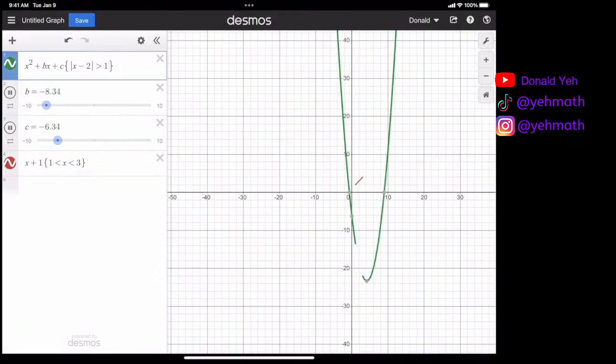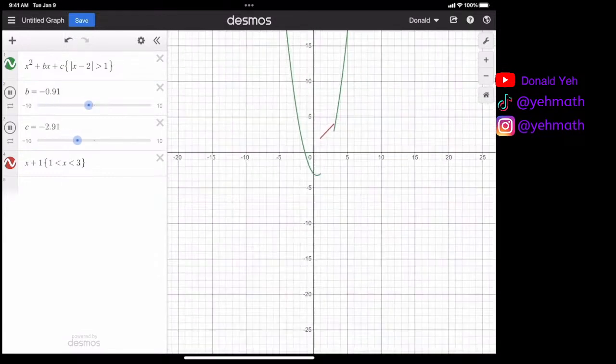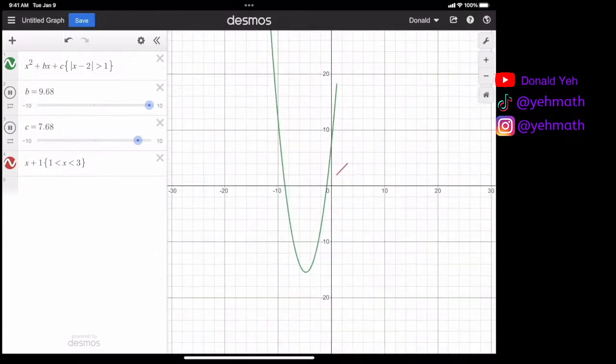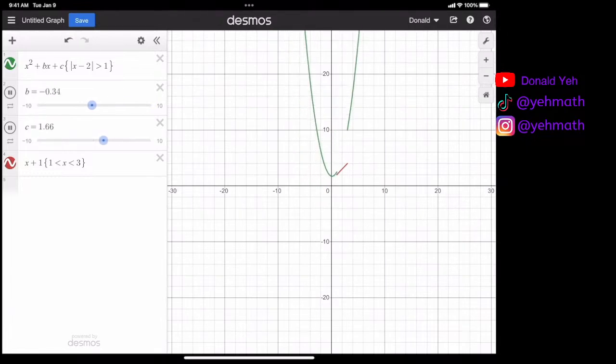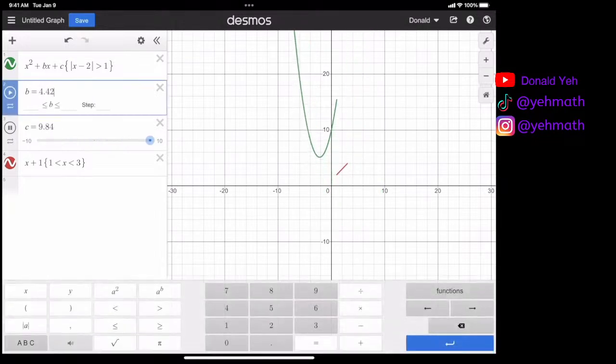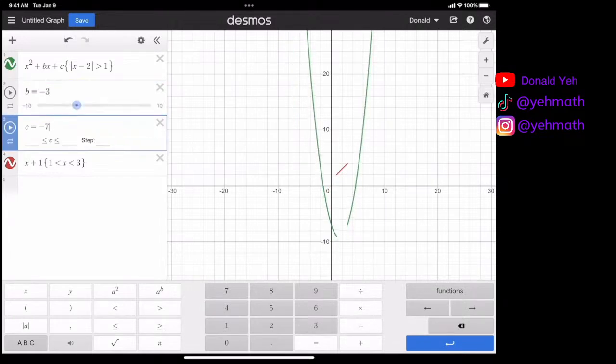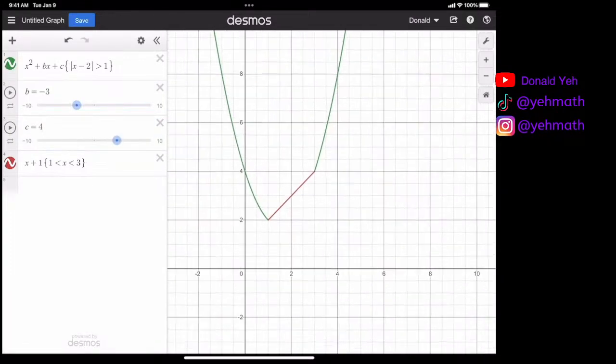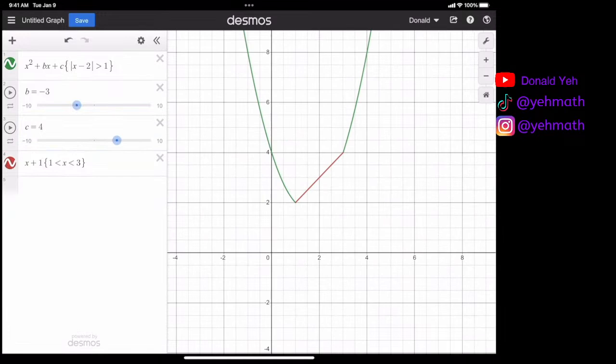And you see that there's only one time, because we're moving both b and c at the same time, but there's only one possibility. b we got negative 3, and c we got 4. And this line was connected. Super awesome, because math works right here.